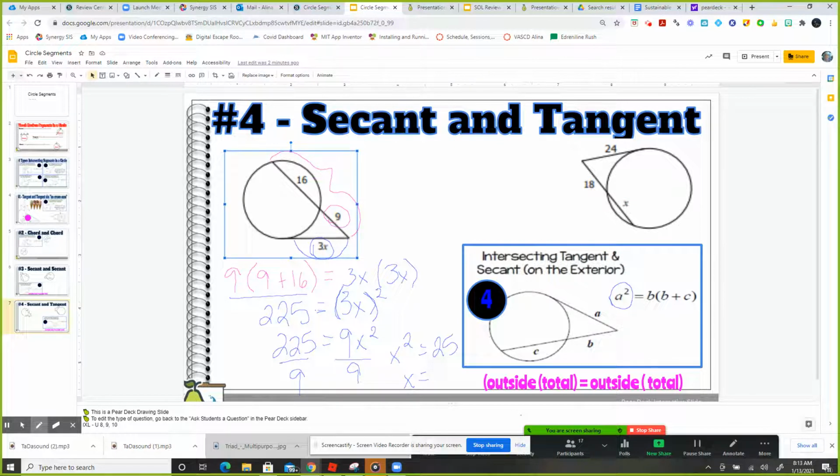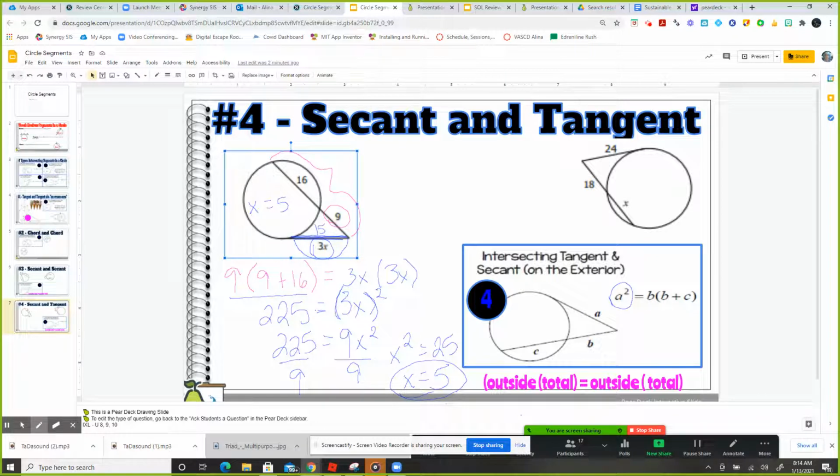Absolutely. Okay. X equals 5 in this part. Now, if it asked me the length of this segment, what would the answer be? Can I substitute the 5 in for the 3x and get 15? So the length of that segment is 15.